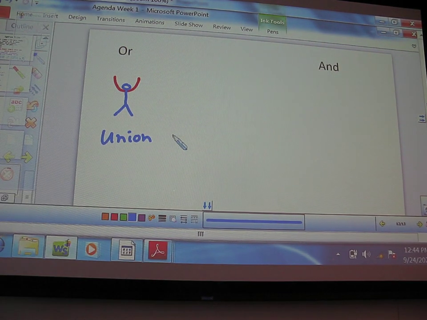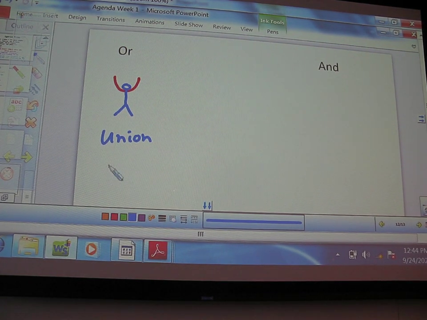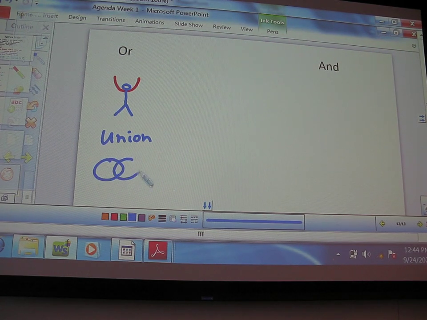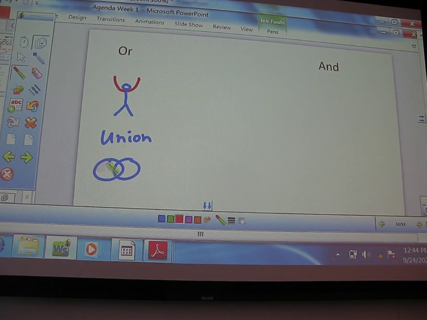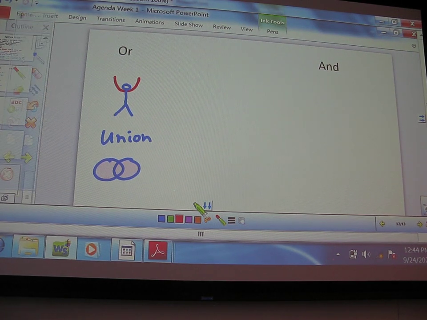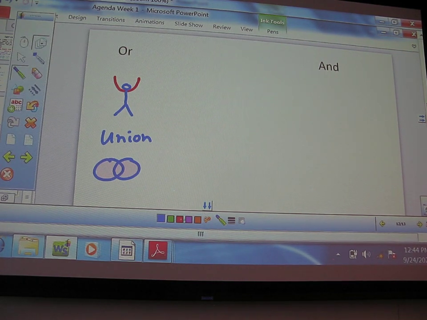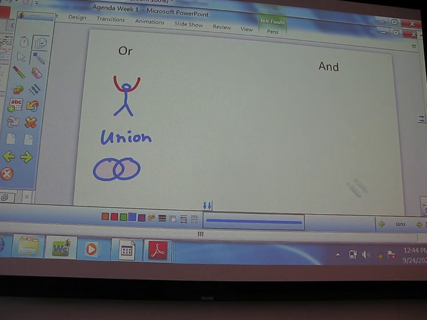And this is how it looks graphically. It's everybody. It's that group and that group. It's all of you. That's the or. That's different than and. Why are you guys not taking notes on this? This is big stuff here. All right, so the and is like this.